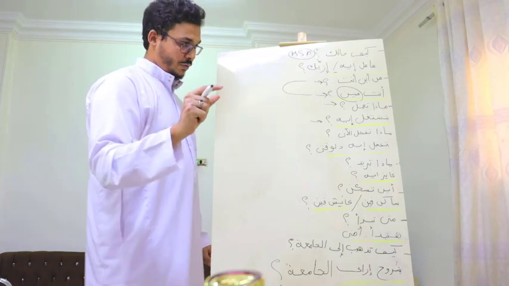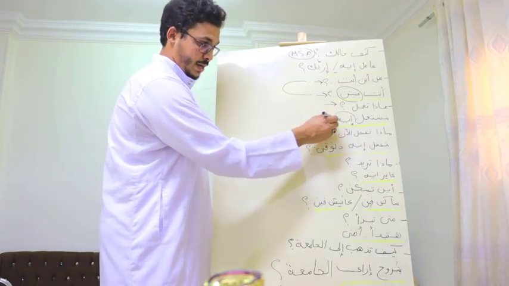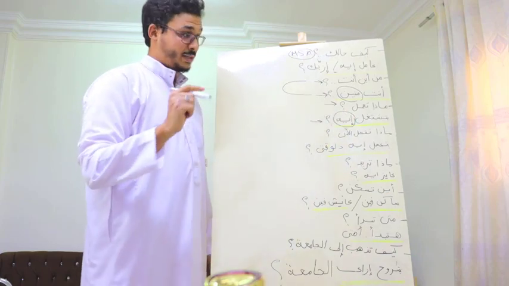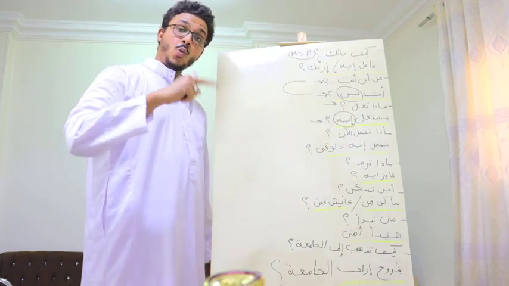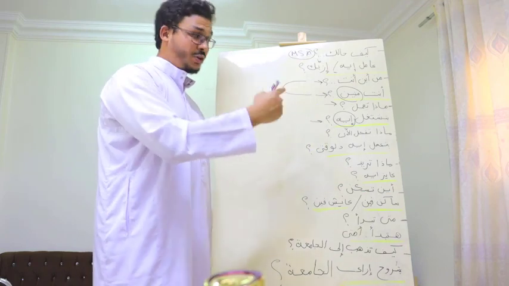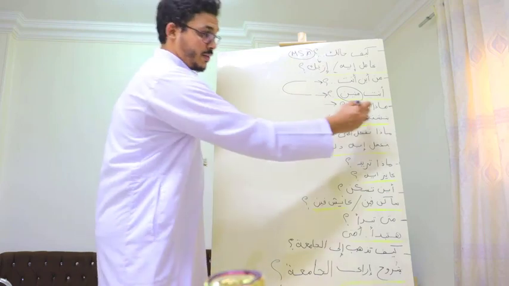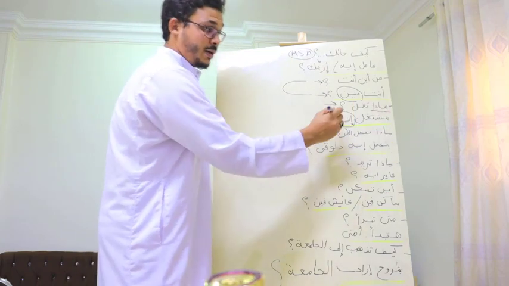بتشتغل ايه? So if you focus with me on this word, ايه is what. So what in Egyptian Arabic is ايه. If you go to Standard Arabic, you're gonna notice a different word, ماذا.